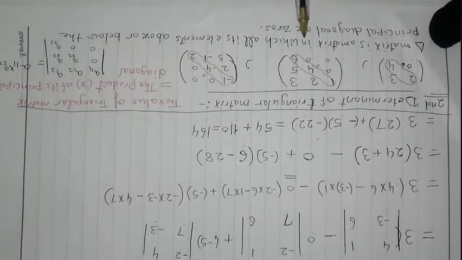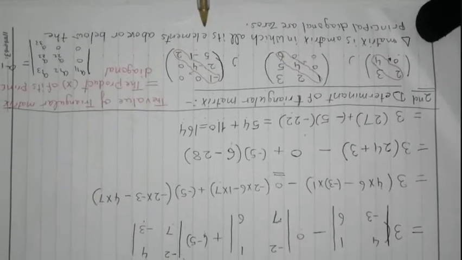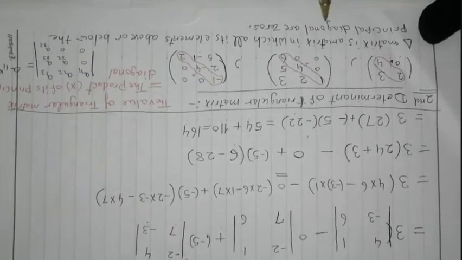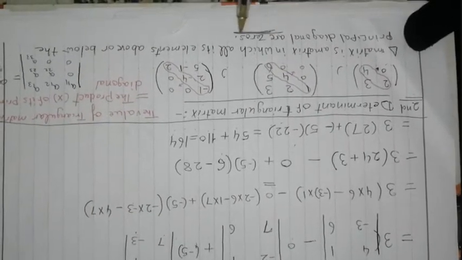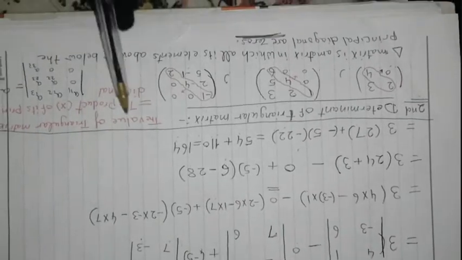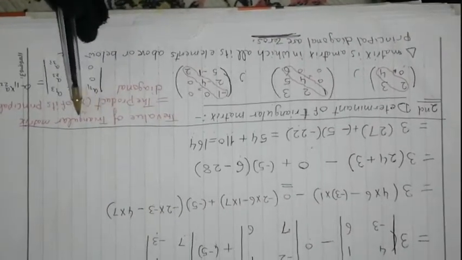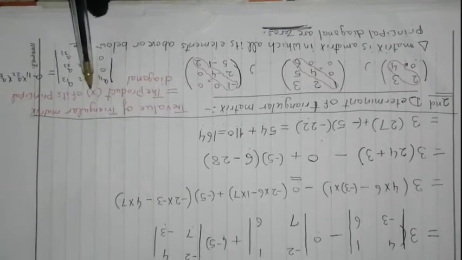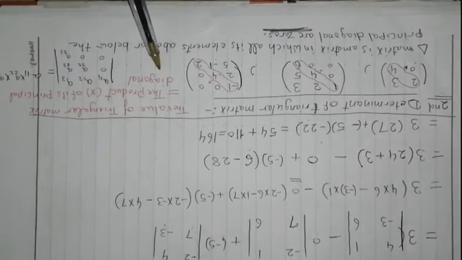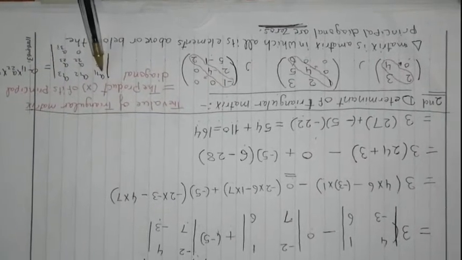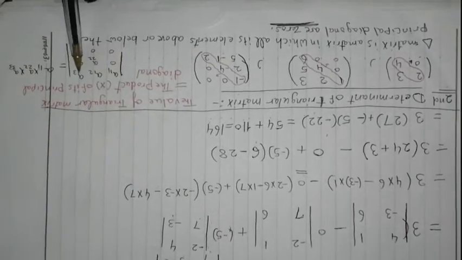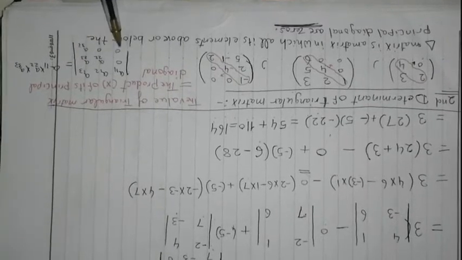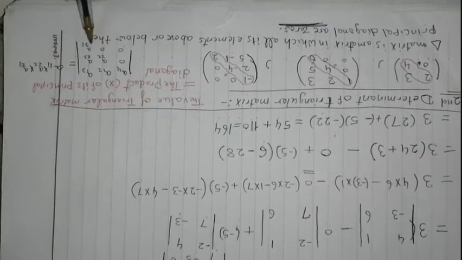A triangular matrix is a matrix in which all its elements above or below the principal diagonal are what? Are zeros. The value of a triangular matrix equals the product of the principal diagonal, like A11, A12, A13, 0, A22, A23, 0, 0, A33.